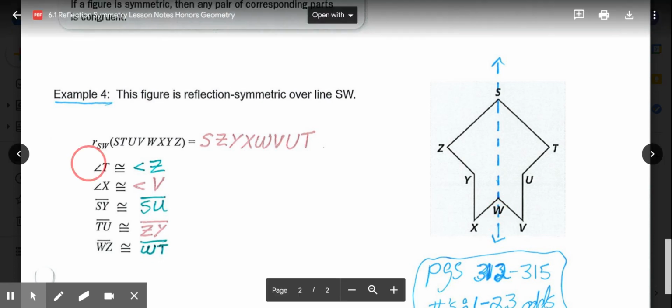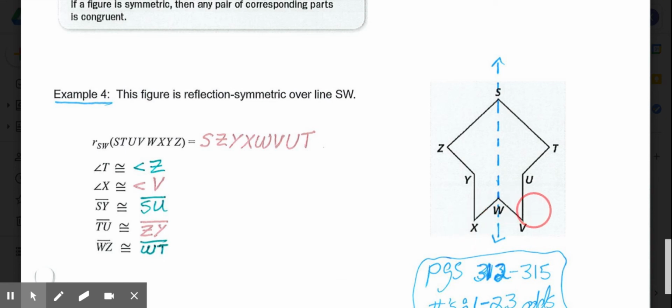So in this case, angle T is congruent to angle Z. Those two correspond. Angle X down here is congruent to angle V.